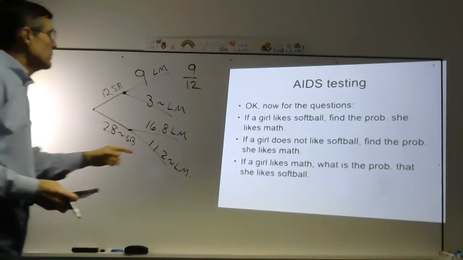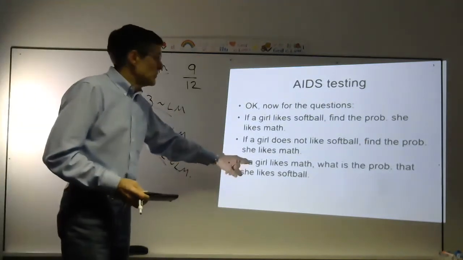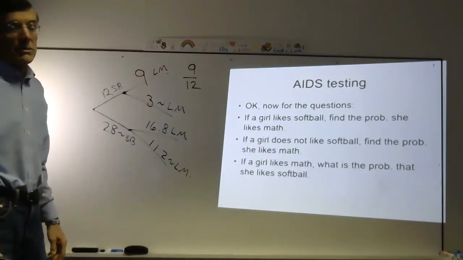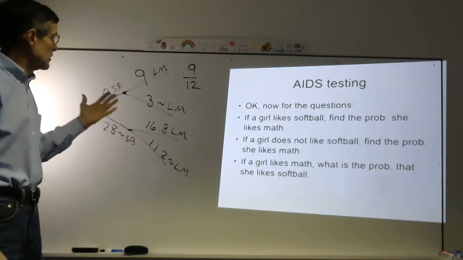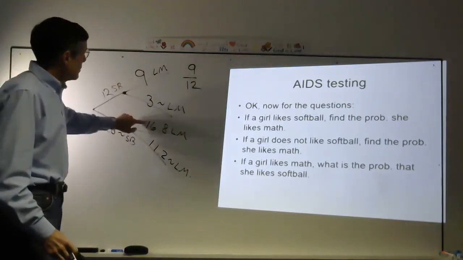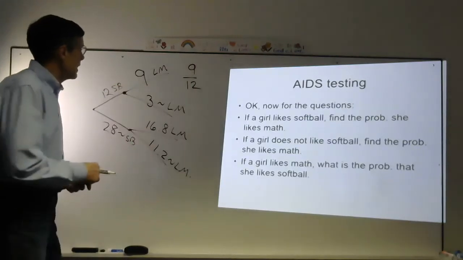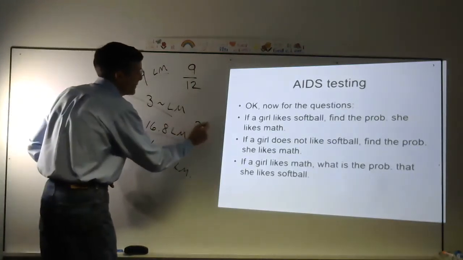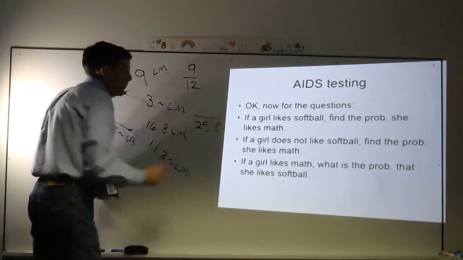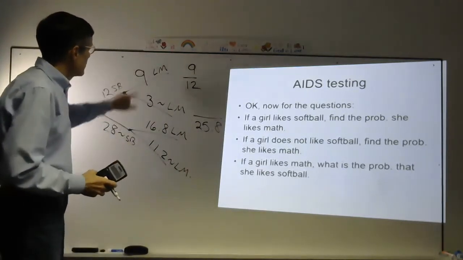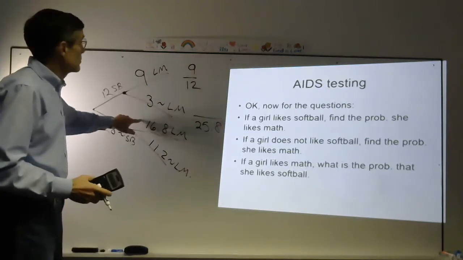So it works. Now, here's where it gets interesting. If a girl likes math, what is the probability she likes softball? So let's look at the girls that like math. Here are the girls that like math. 9 and 16.8 is 25.8. What is the probability that she likes softball? Well, which of the ones here that I just added up like softball?